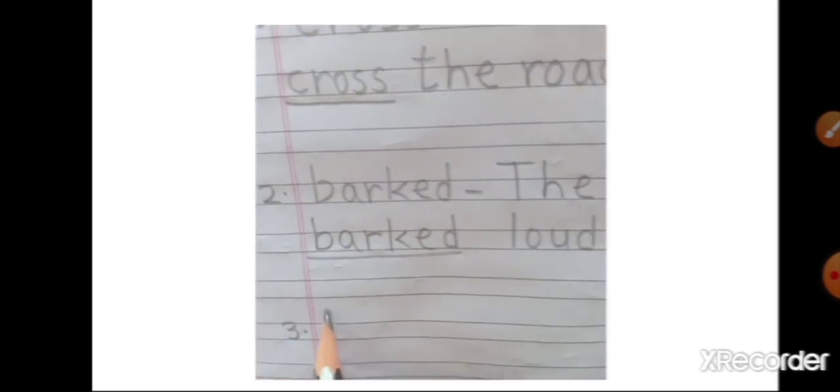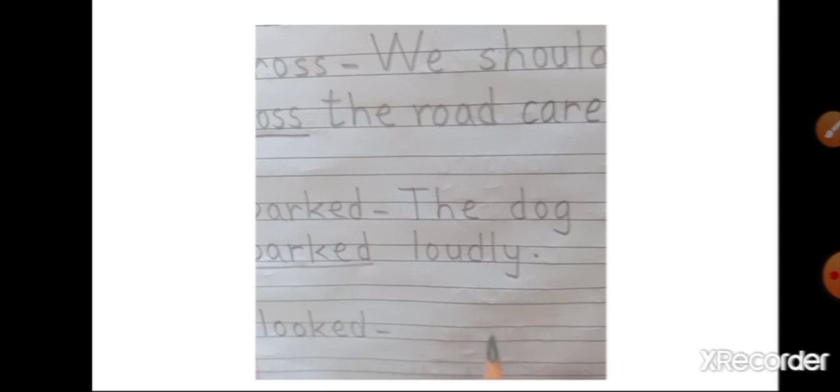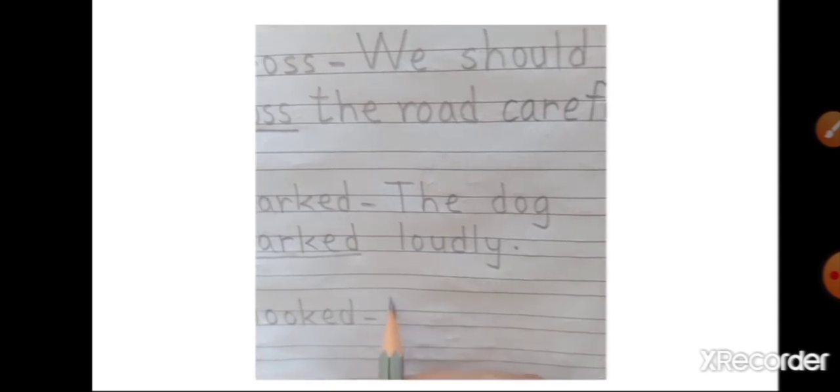Looked, LOOKED, looked. Dash. My father looked very happy. Let's write this sentence. Okay. M capital.